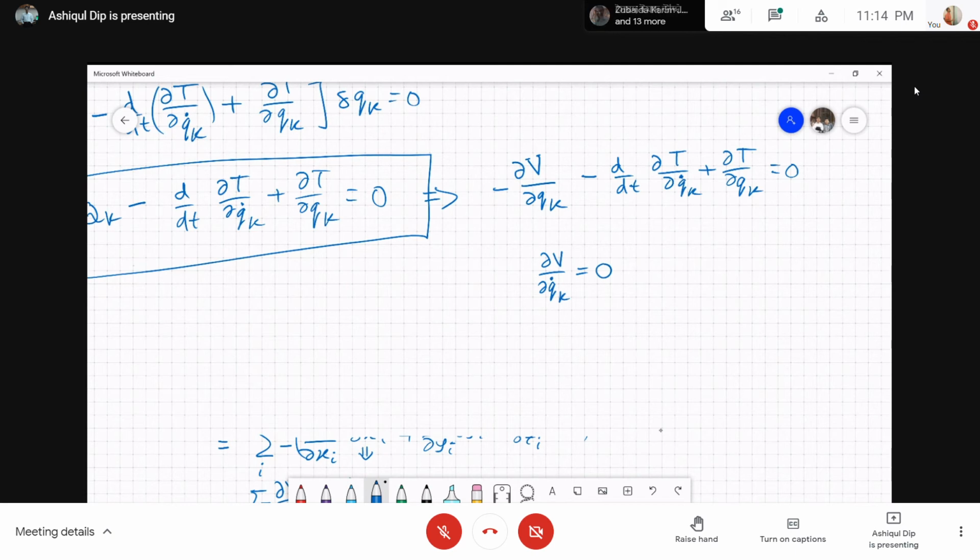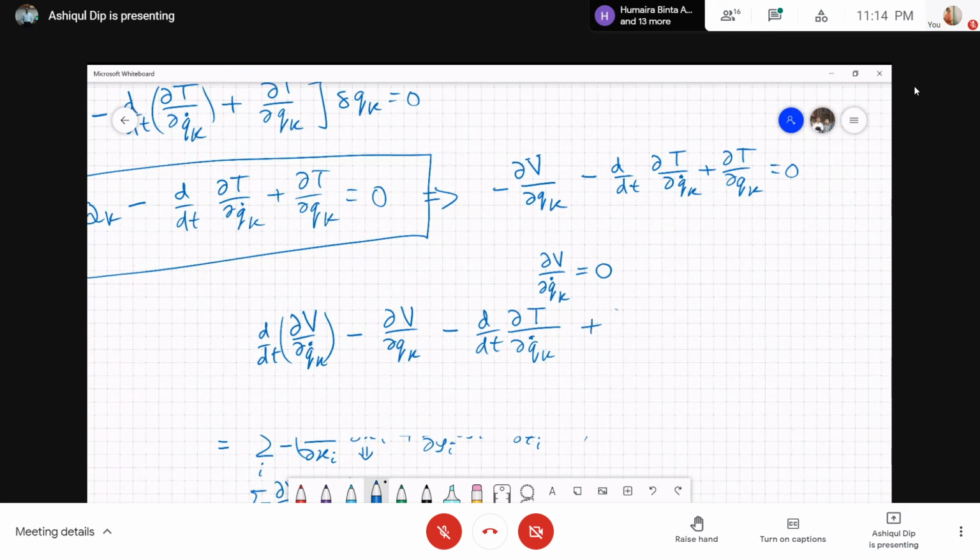So we write d/dt delta big V by delta qk dot, which is nothing but 0. This part is 0. Then minus delta V by delta qk minus d/dt delta T by delta qk dot, I wrote correctly but said it wrong.